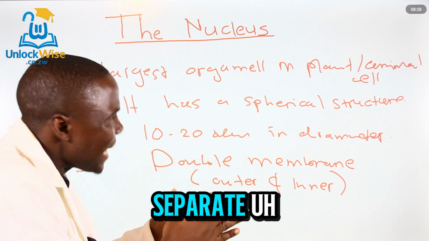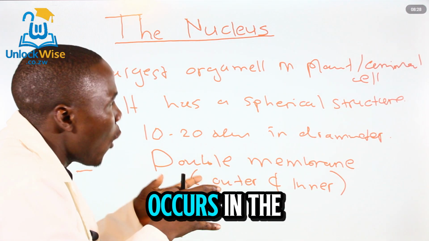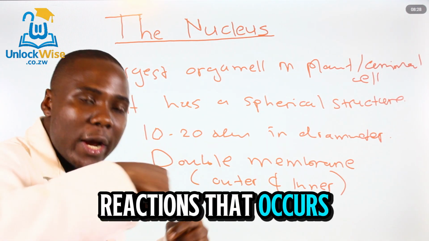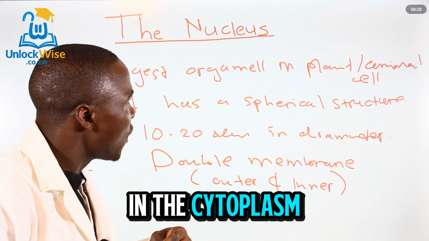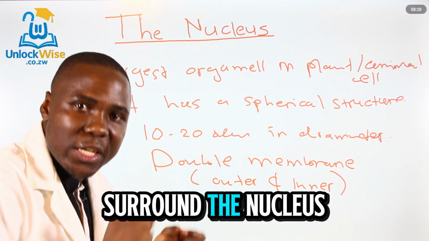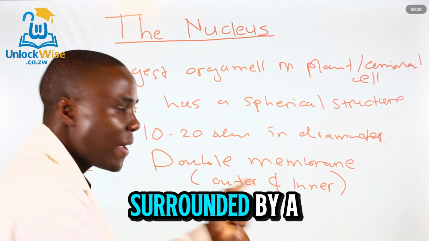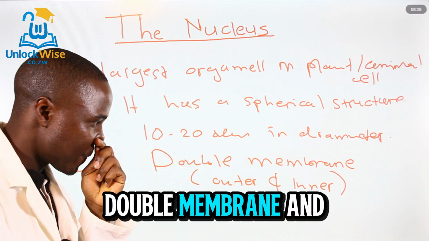So to separate the reactions that occur in the nucleus from the other reactions that occur in the cytoplasm, we need to surround the nucleus with a membrane. So it is surrounded by a double membrane.